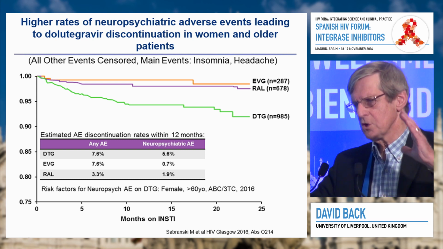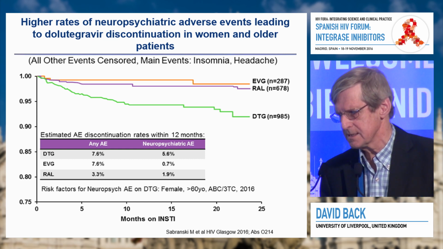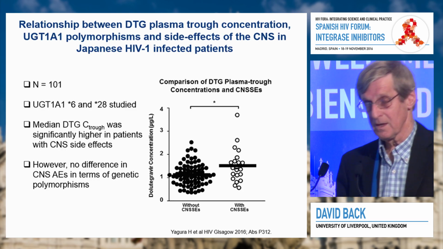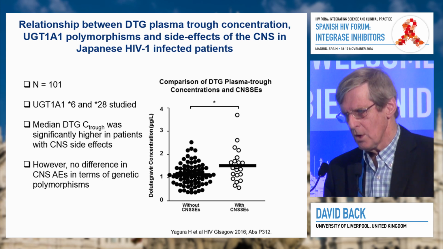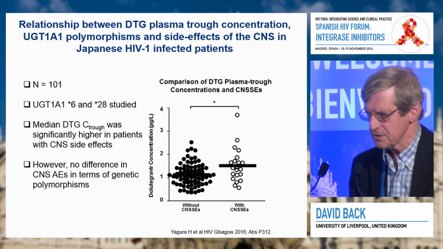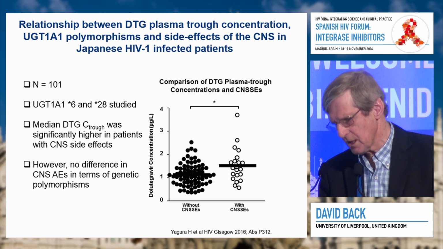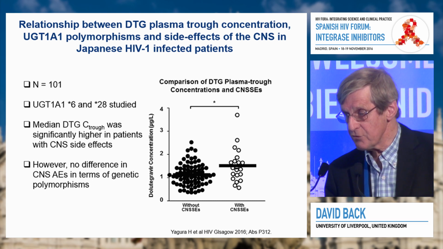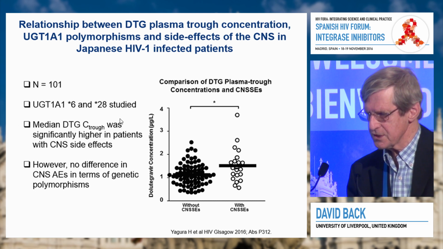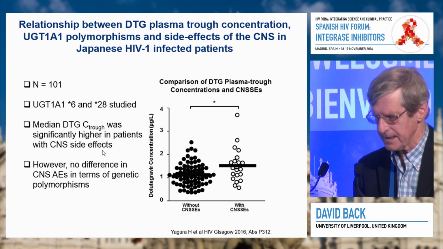Now, I'm sure we could spend a long time discussing this particular study and other studies presented in Glasgow around CNS effects, and also this study, which was from Japan, which related plasma dolutegravir concentrations and side effects in Japanese HIV-infected patients. They had 101 patients. They looked at the Dolutegravir trough concentration and said it was significantly higher in patients with CNS side effects.